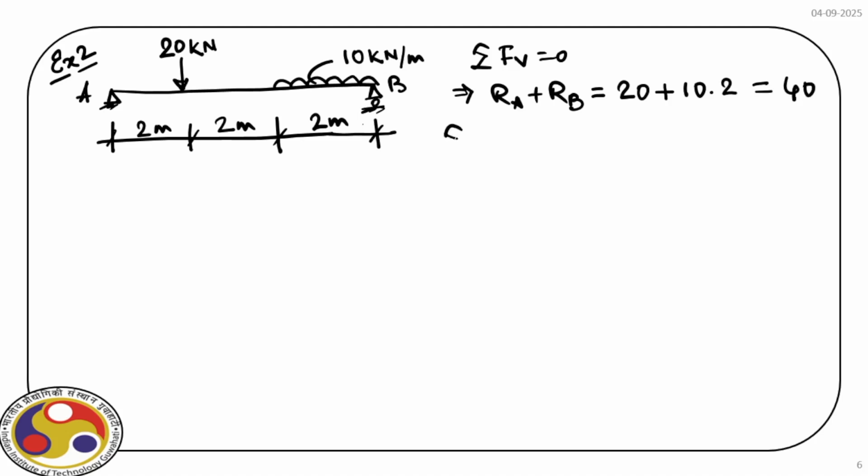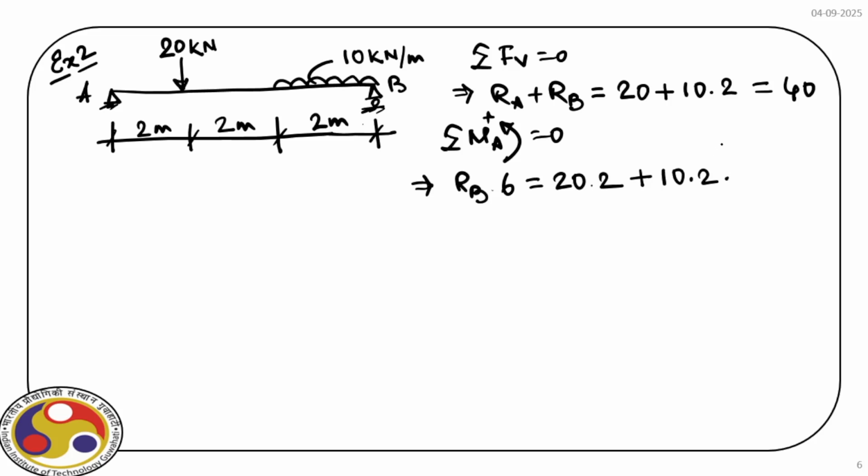Then we apply moment equilibrium about A. So we get RB times 6 is equal to 20 times 2 plus 10 times 2, that is the total load, times the lever arm, which is 5.